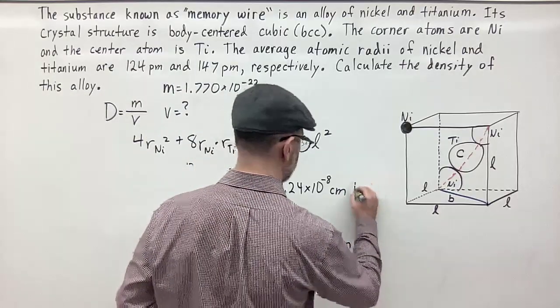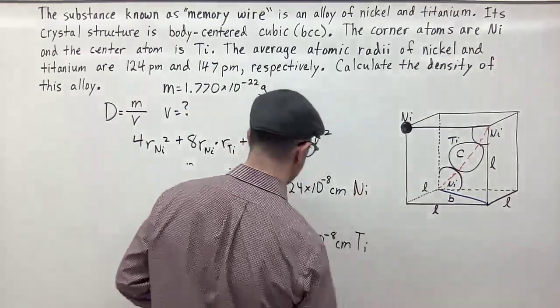So again, this is the radius of nickel, and this is titanium.